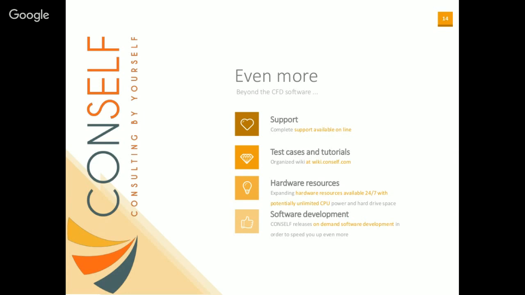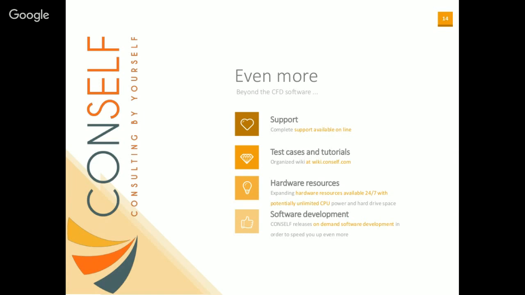We offer you test cases and tutorials. You can find them on wiki.consult.com. They can guide you through the correct setup of a wide number and variety of cases. And as you will see today, we are going to use the wiki manual in order to complete our webinar.